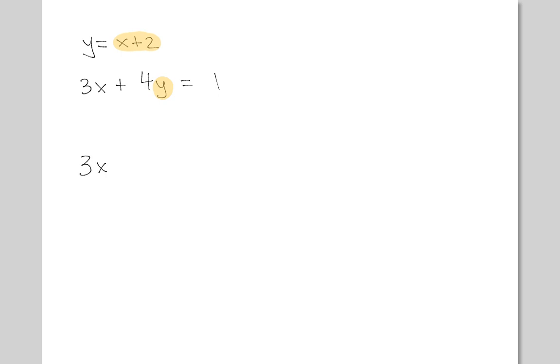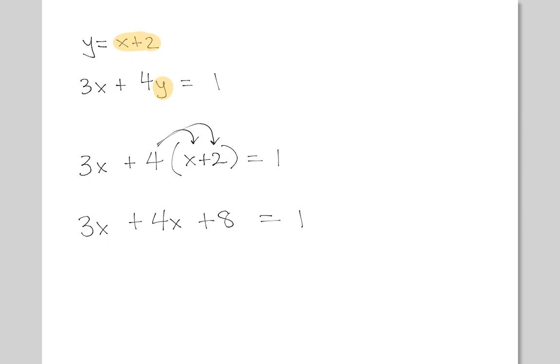So second equation, 3x plus 4y, but y is that thing in yellow, x plus 2. You've gotten used to now this distribution. 3x plus 4x plus 8 equals 1. 7x plus 8 equals 1.